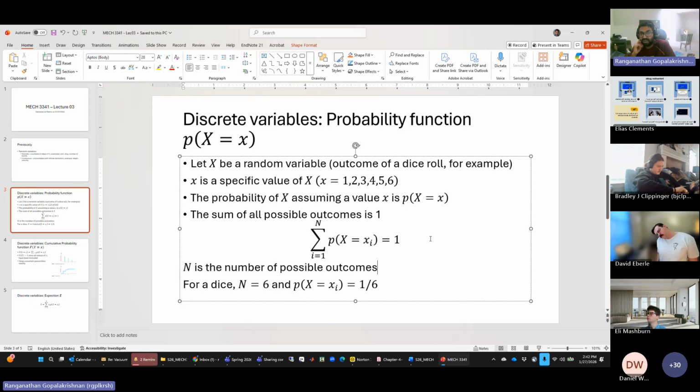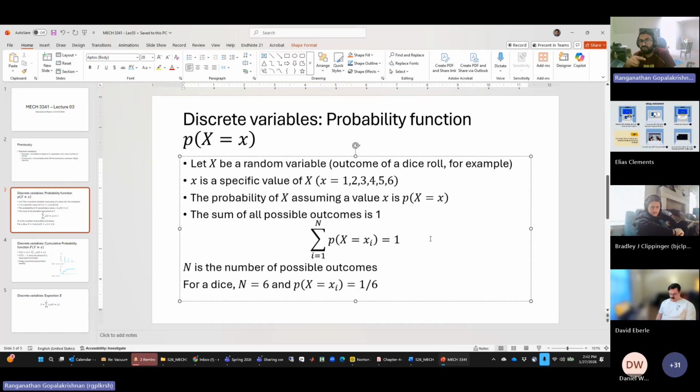For a dice, n is equal to 6, and the probability of each outcome is 1/6. So if you add 1/6 6 times, you're going to get 1. That's what it implies. And this will get more complicated as we do more different random variables or how they interact with each other and so on. So for a dice, it's a really simple example.